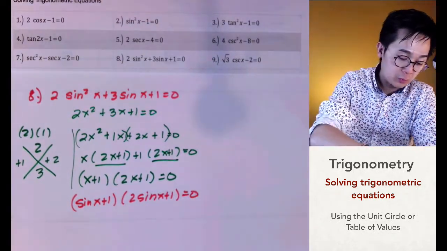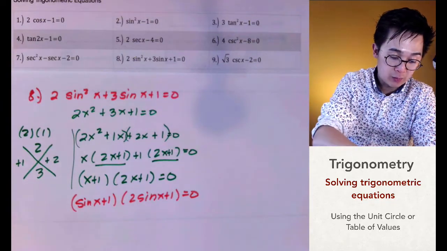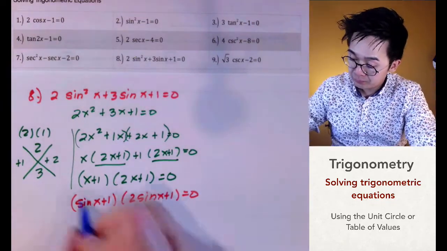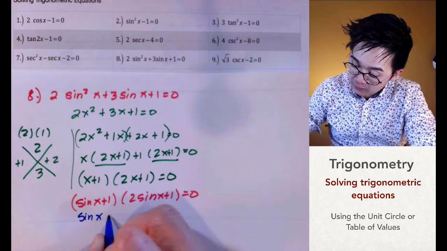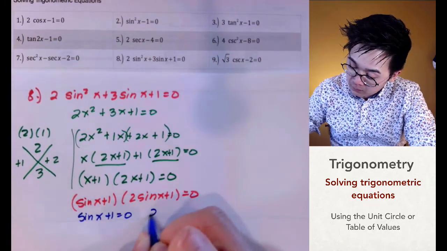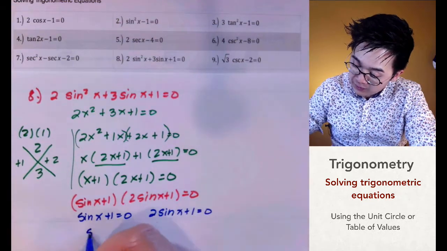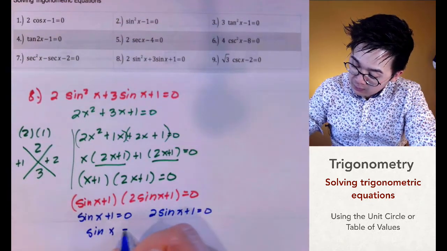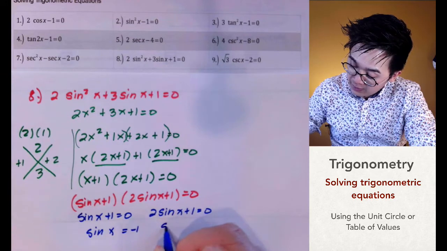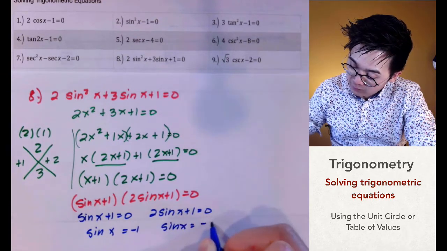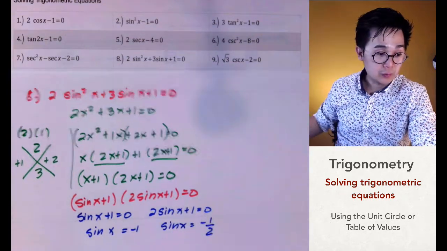And just like what we did in our previous example, number 7, we'll equate each to 0. And we'll have sine x equals negative 1 and sine x equals negative 1 over 2.